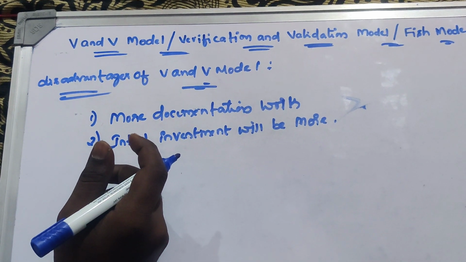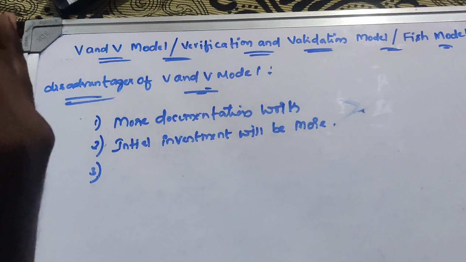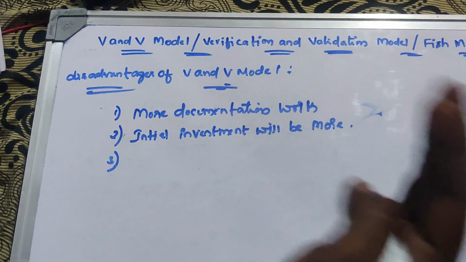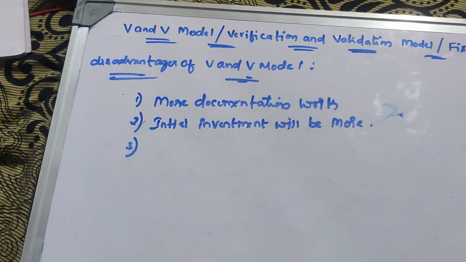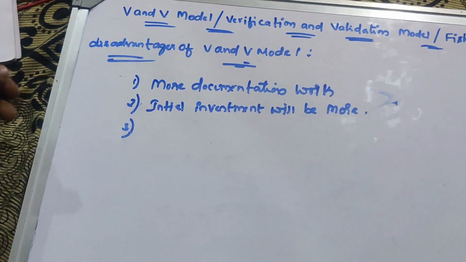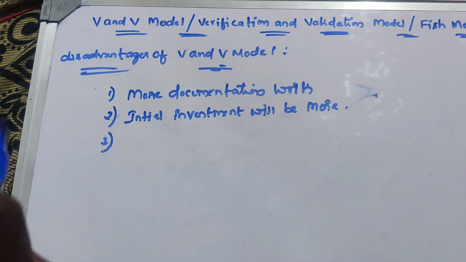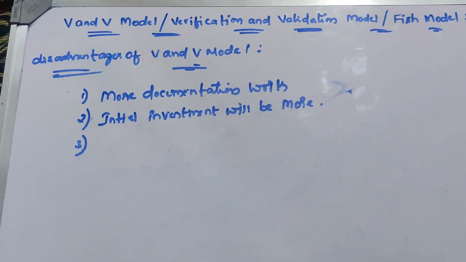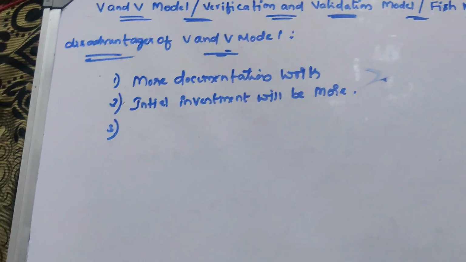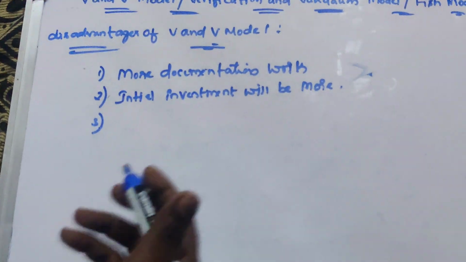And the third one is that when developers give the SRS which they developed to the test engineers, and the test engineers find any defect in the SRS, take our own scenario: if somebody finds a defect in your work, you will get angry, right? It will be the same like that only.